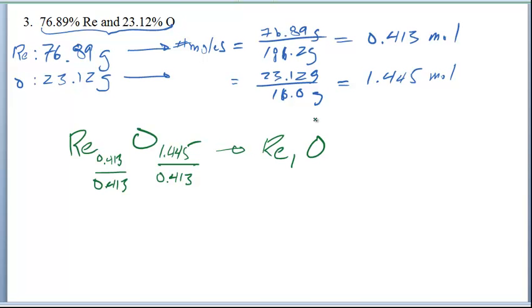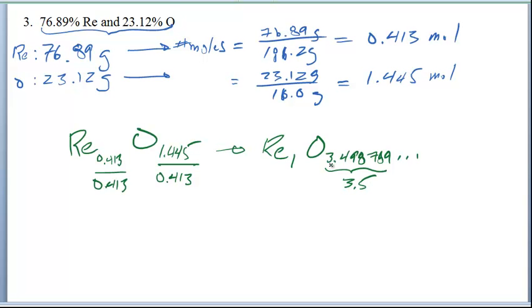I get 3.498789 and so on. Okay, I'm not going to bother. There's more digits, but you know, it gets ridiculous. They're not significant. All right, that ratio between the oxygen and the rhenium moles is quite close to 3.5.